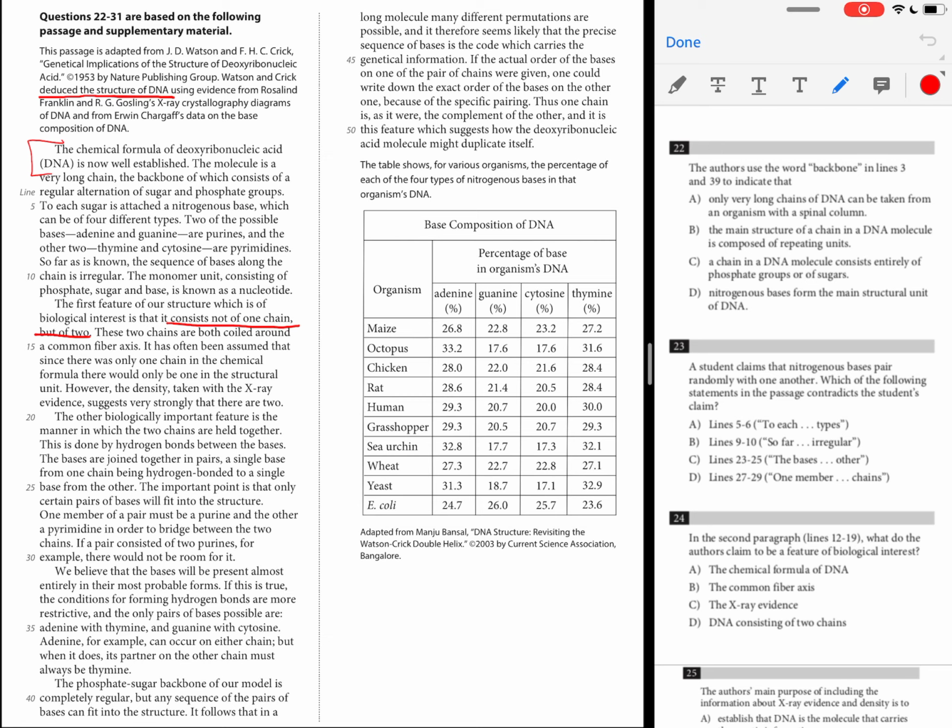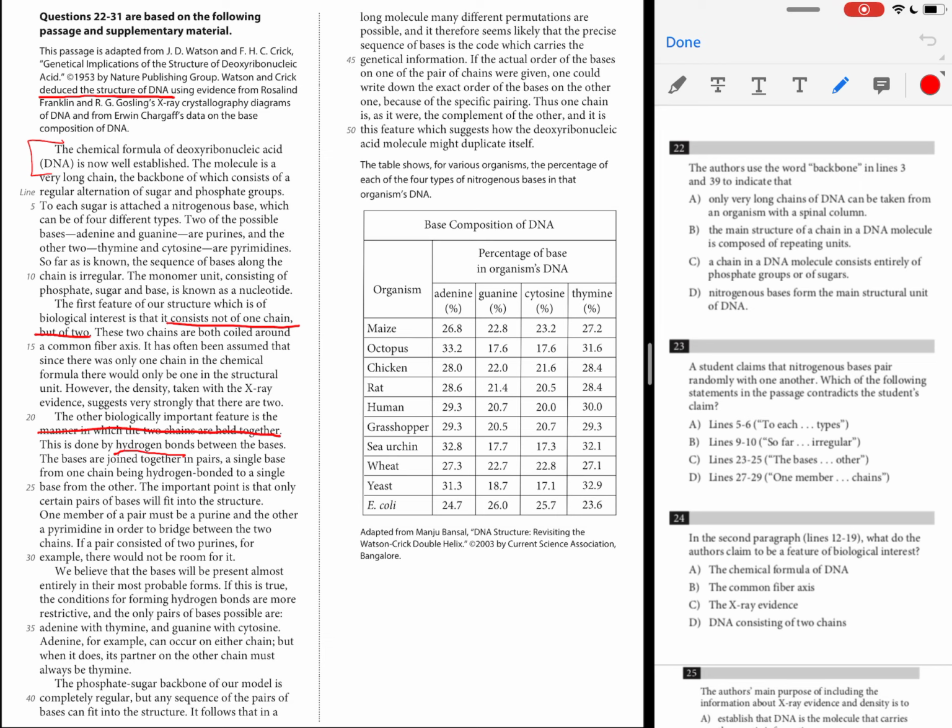So now the paragraph was about the structure, the 2 chains. Now I'm going to look at the next paragraph from 20. The other biologically important feature is the manner in which the 2 chains are held together, which is by hydrogen bonds. Okay. So that paragraph's how the 2 chains are held together.